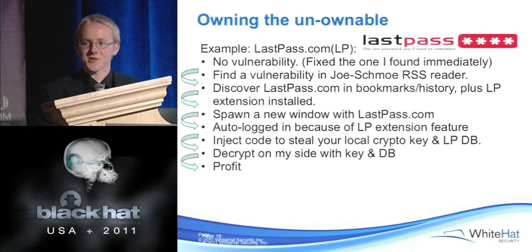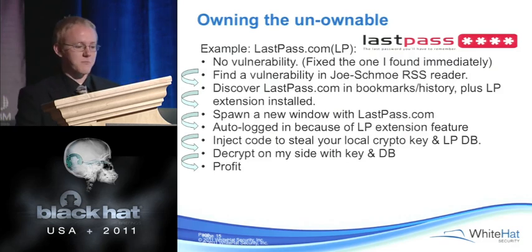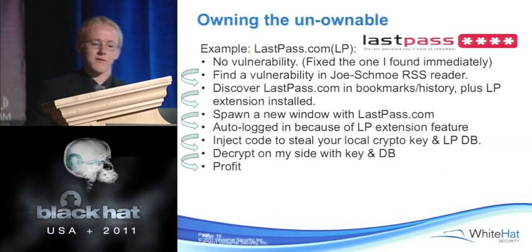So then I can just inject some JavaScript into that tab and steal your crypto key, which was provided by your LastPass extension, which we didn't touch at all. We just simply utilized the feature of it. And then on top of that, we can grab your database, which is provided in a nice XML format, which we can then decode on our site after exporting it to us.